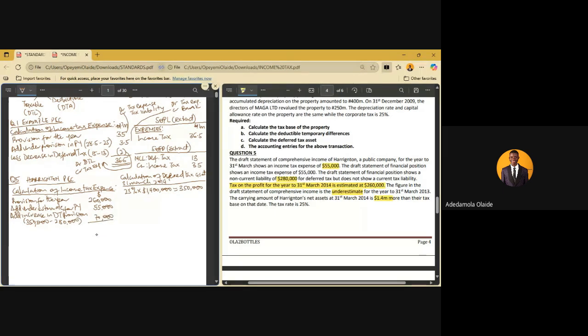With that, how much is the summation? 385,000. So in our SOPL extract for our expenses, we'll have income tax of 385,000.